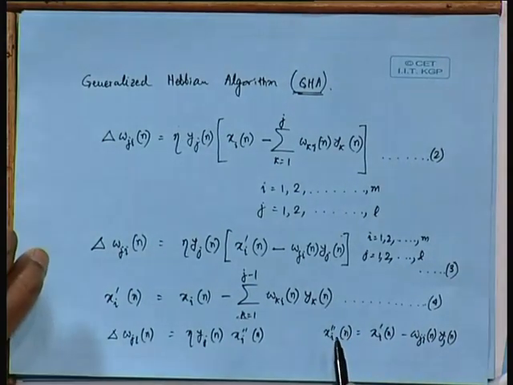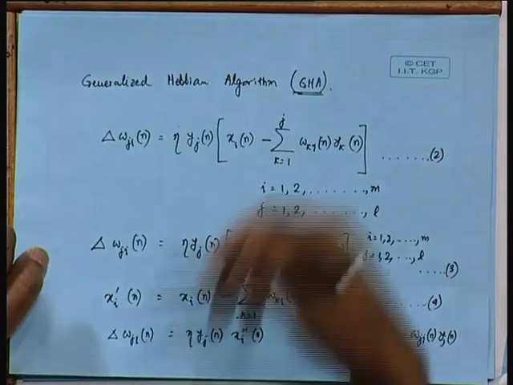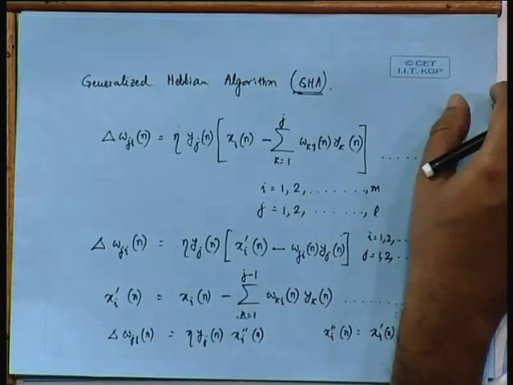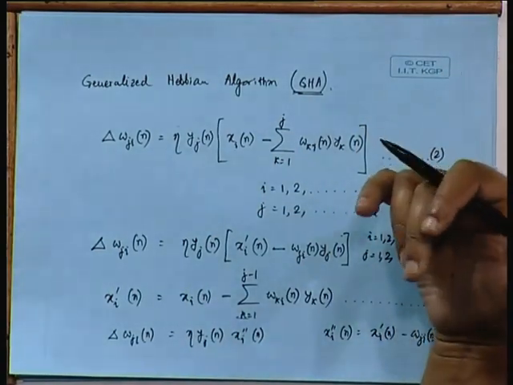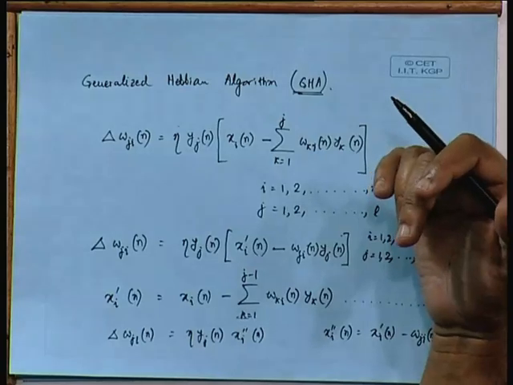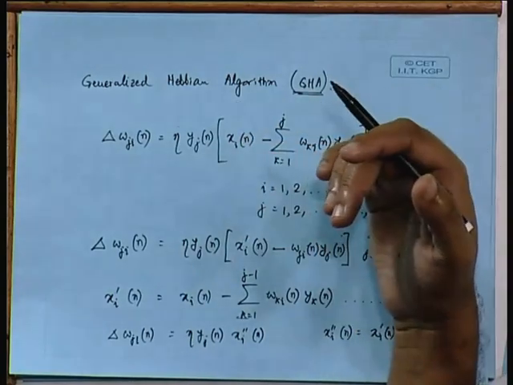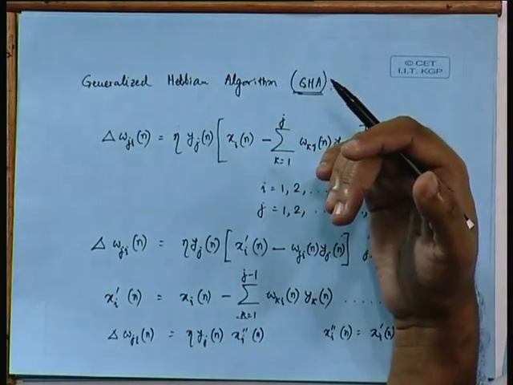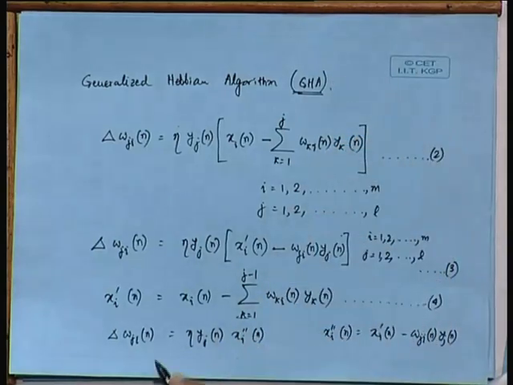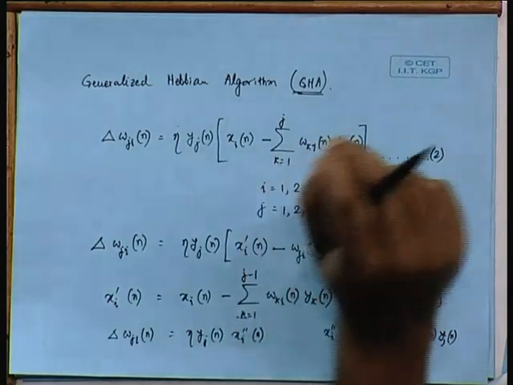Now, once again I repeat, in case you have any difficulty appreciating what this generalized Hebbian algorithm has to tell us: we have delta wgi n equal to eta yj xi n. This equation is very familiar to us.